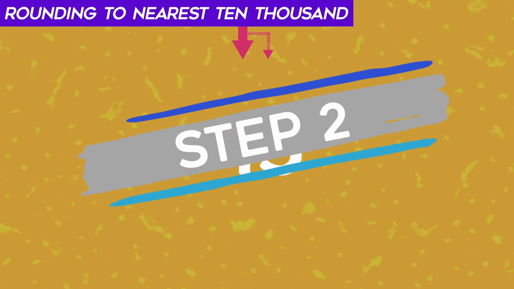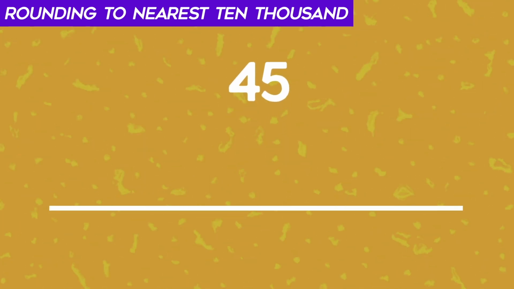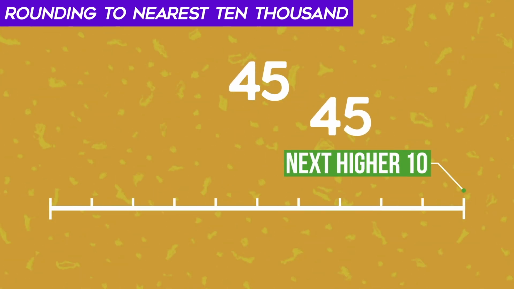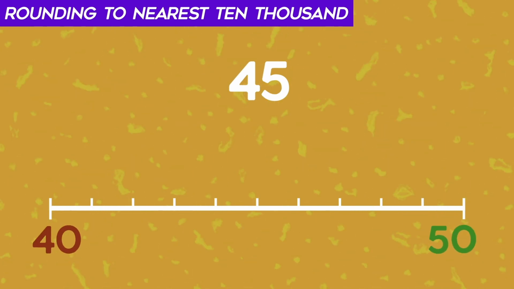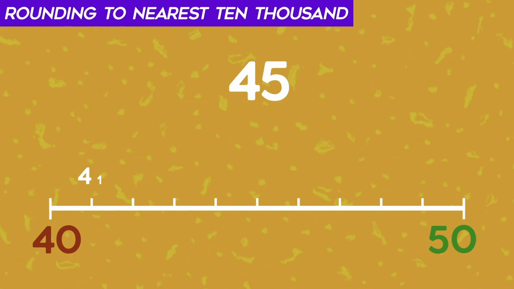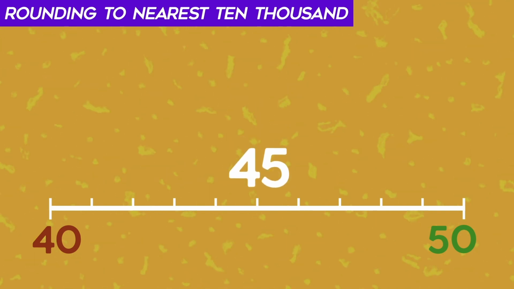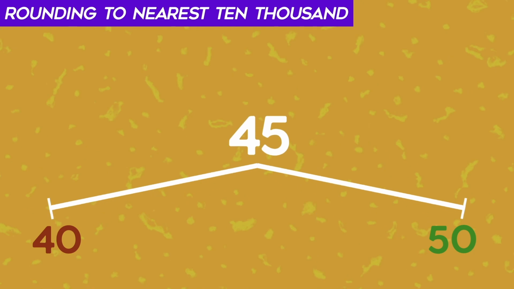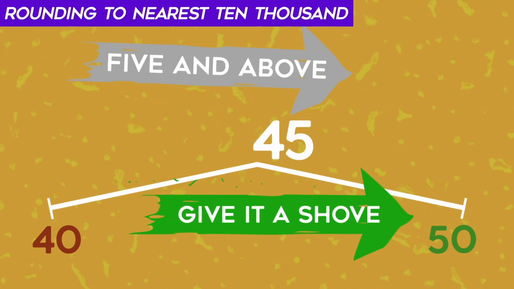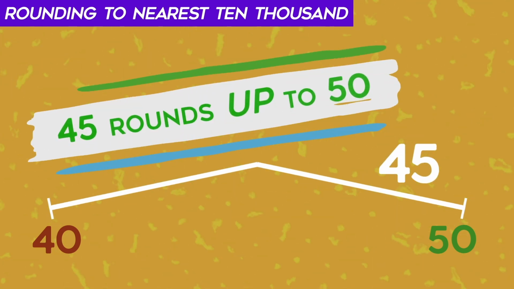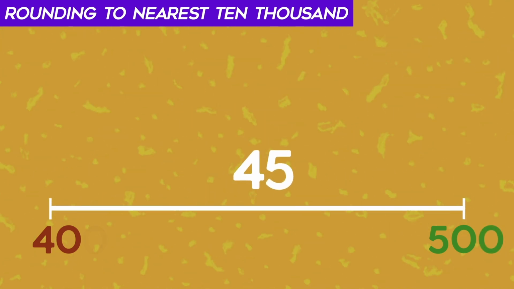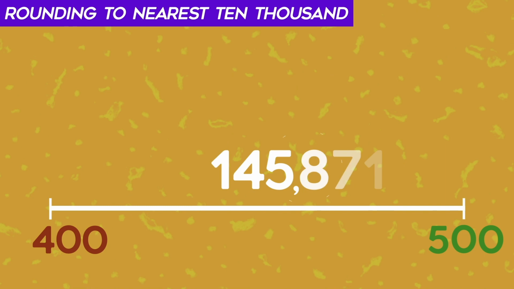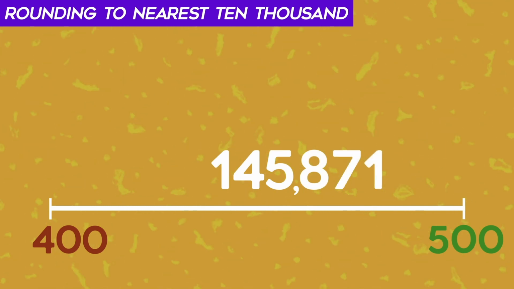On to step 2. Let's set up our handy mini number line. This end will be one 10 higher, so that's 50, and the lower number will be one 10 lower, that's 40. Now it's time to place our number. 45 is placed right here in the center, but remember, when our hill rises, 5 and above, give it a shove. 45 rounds up to 50. But we're not done yet, because this 45 was actually 145,871.